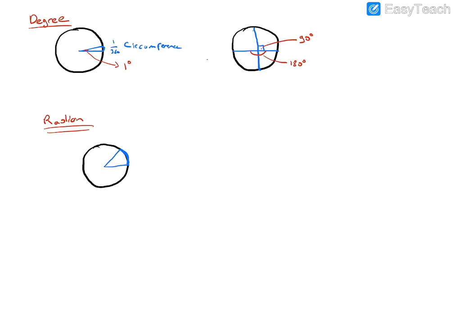So if the radius is r and this length is r, this angle is called 1 radian, or we say 1 rad.